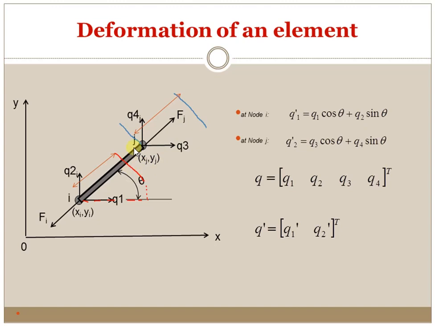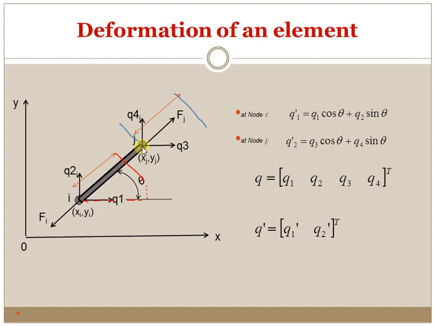Now, if you want to convert the global coordinate system into the local coordinate system, here it is a 1D bar element. Why is it a 1D element? Because this element only deforms in the x direction. You cannot deform this element in the y direction. That's why it is called one dimensional.